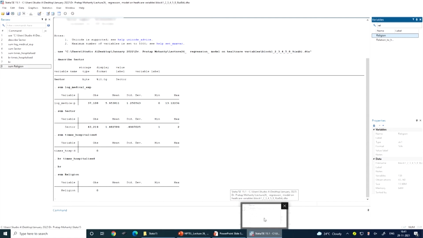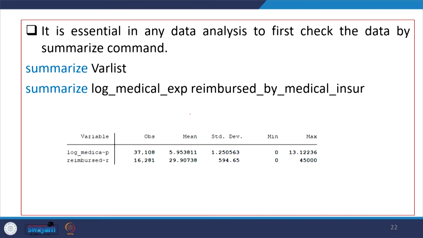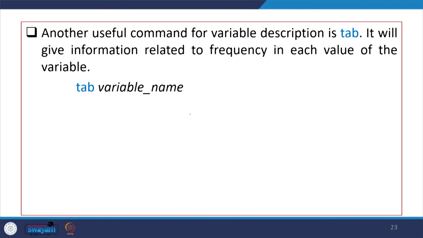Okay, so now we will go to our PPT and stick to the requirement. Similarly, next is understanding frequencies. Tabulate, there are different commands, and you will get it very clearly from my modules. Tab is going to give you the frequencies of a particular variable.